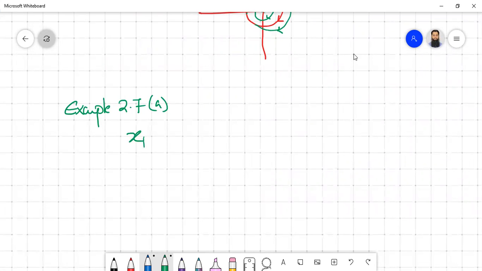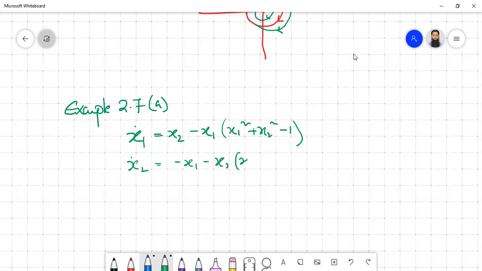So x1 dot equals x2 minus x1 times (x1 square plus x2 square minus 1), and x2 dot equals minus x1 minus x2 times (x1 square plus x2 square minus 1).